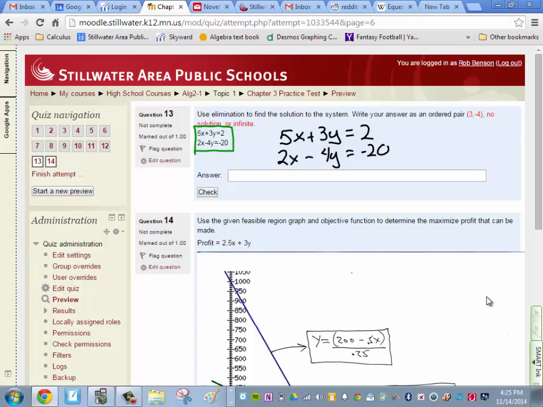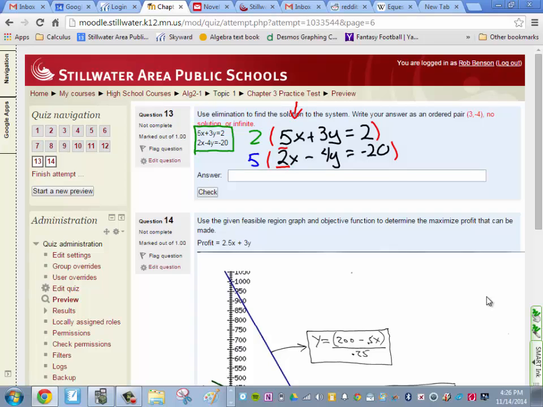Now, I'm going to focus on getting rid of the x variable. Either one's going to work in this one, but we're going to do x. So we need to get this and this to be the same. Therefore, this top equation we're going to have to multiply by 2, and the bottom one, to get the least common multiple, we multiply by 5.